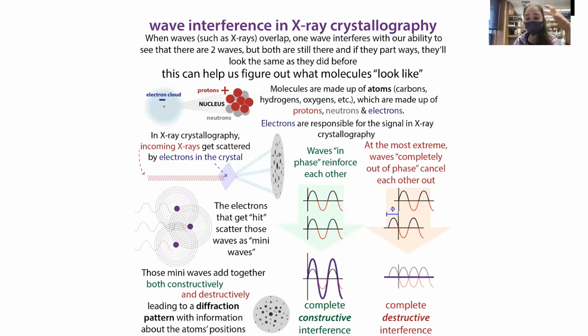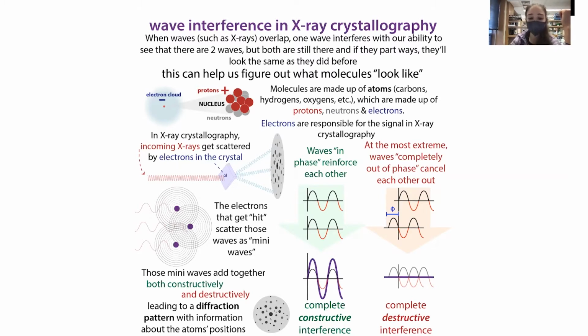In order to get diffraction to happen, so that you have these waves being in phase and completely building together in these specific places to give you a signal, and then canceling out everywhere else, you have to have some sort of regular spacing of the sources, so of the scatterers.